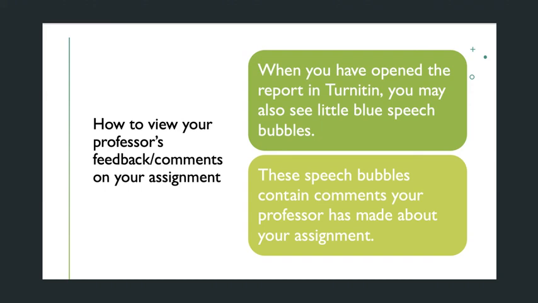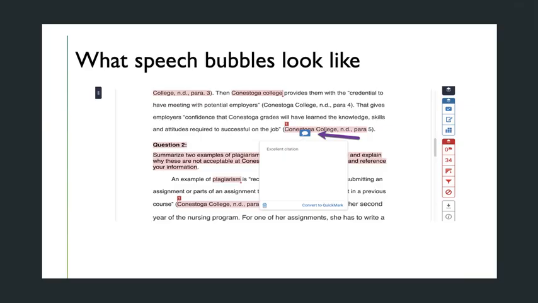These speech bubbles often contain comments that your professor has made about your assignment. So what do these look like? You can see here that there is a small speech bubble. It's white on a blue background. If you click on this, you will see the full comments that your professor has made.